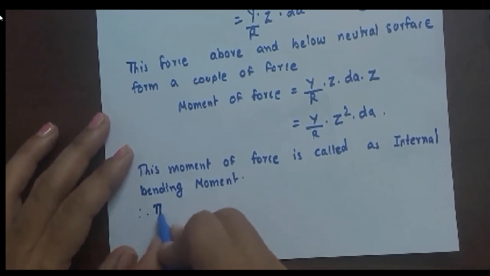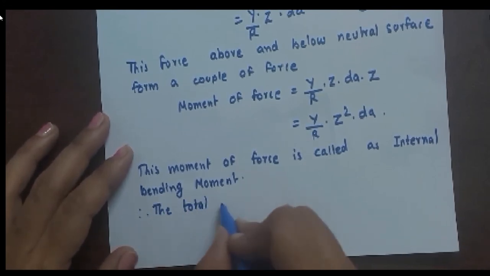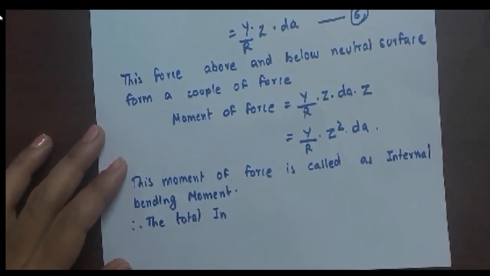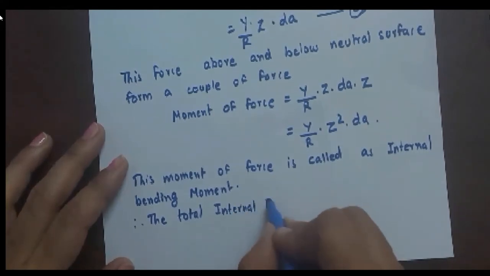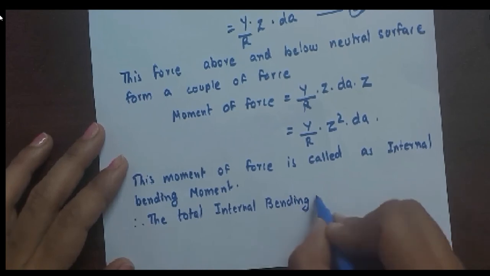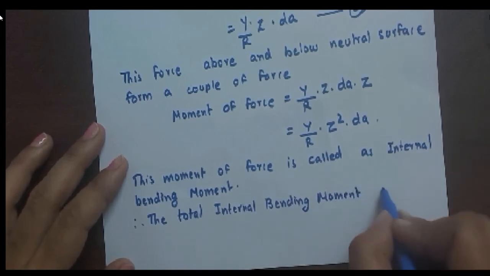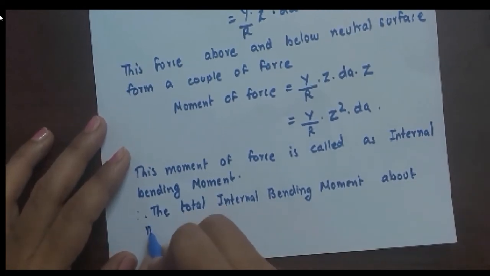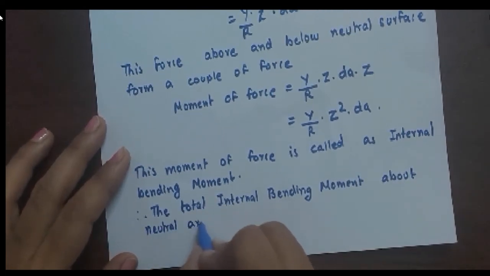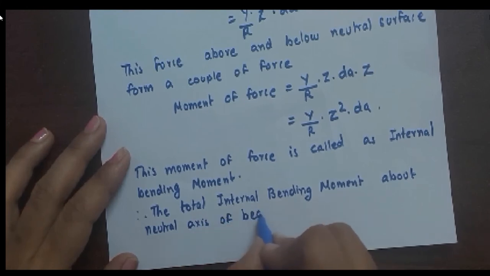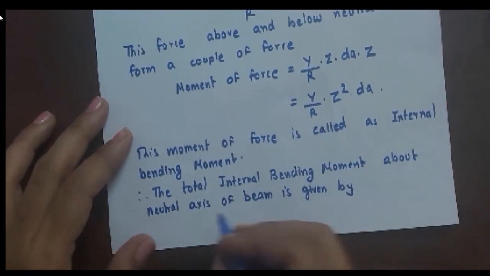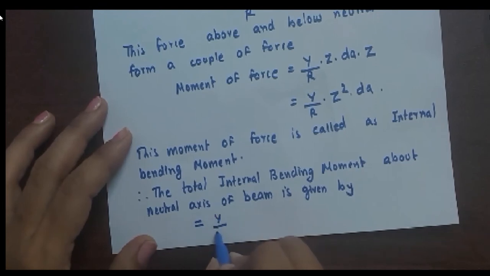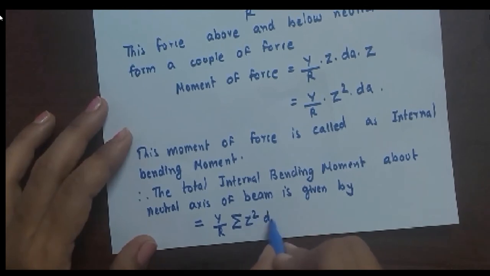Therefore, this is for the small area. We are interested in finding the total internal bending moment about the neutral axis of the beam, which is given by Y upon R summation Z square dA.